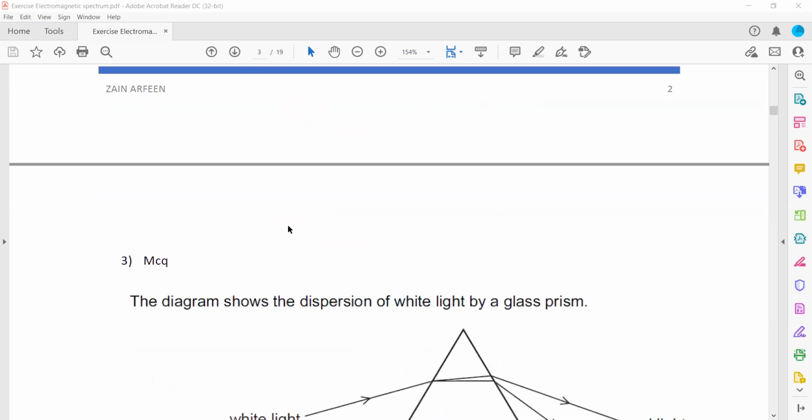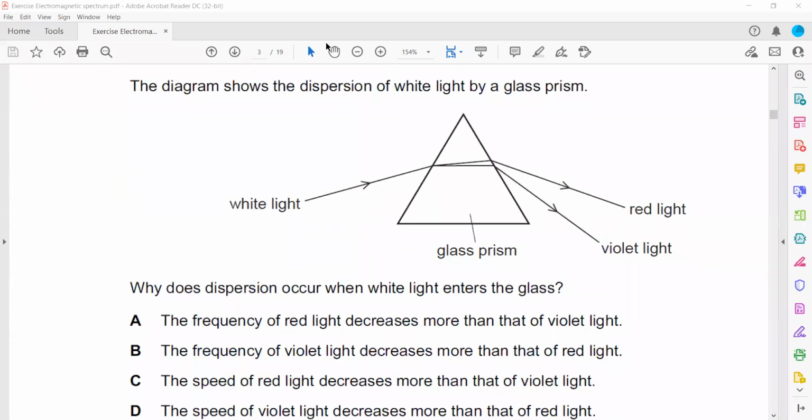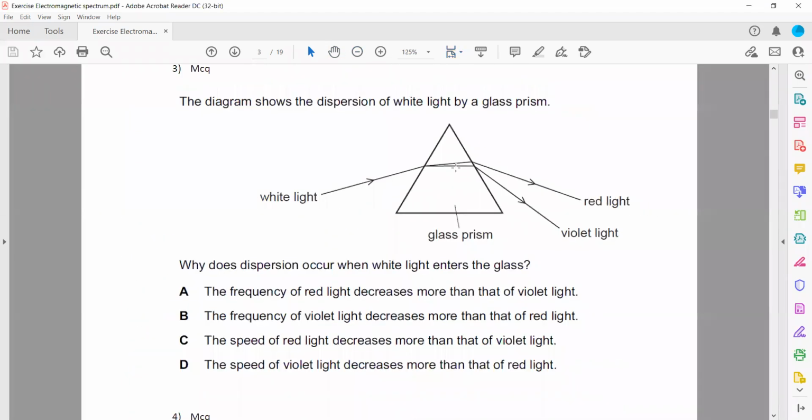So when moving from air to glass, it bends towards the normal, and when moving from glass to air, it bends away from the normal. The diagram represents the dispersion of a white light by a prism. Why does the dispersion occur? What is the reason for a dispersion? Because there is a change in the speed. And for violet, there is a greater change in speed compared to red.